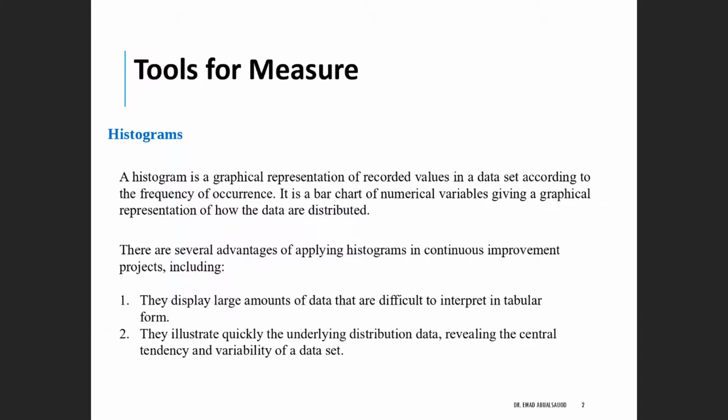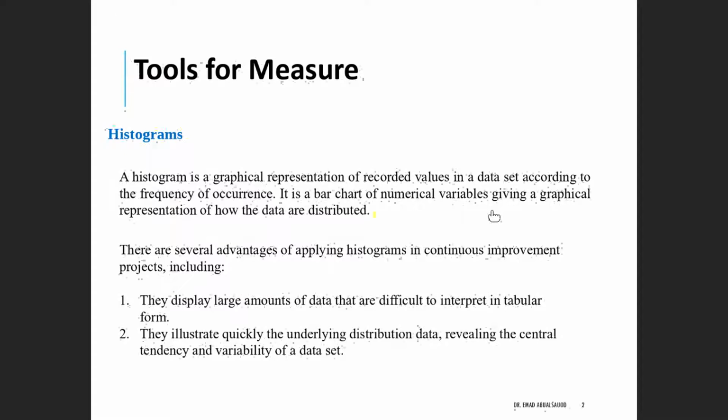And usually when you collect data in the measure phase, it is sometimes easier, if you have a large amount of data, to use a histogram to represent the recorded values. It is a bar chart of numerical variables, giving a graphical representation of how the data are distributed.